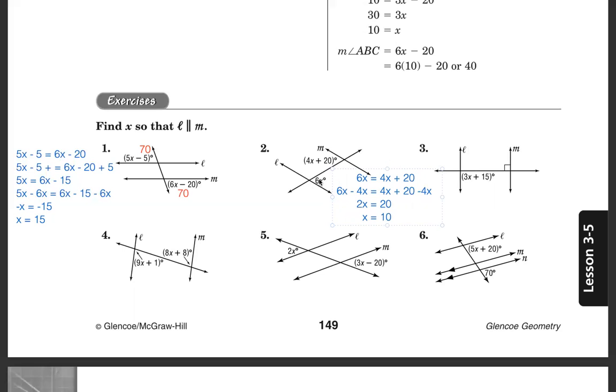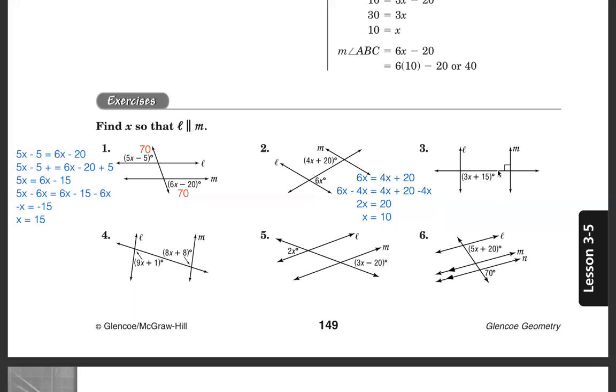Okay, what about 6 times 10? Also 60. So when x is 10, these two angles end up the same. Each of them is 60. And because they are the same and they are alternate interior angles, that makes L parallel to M.